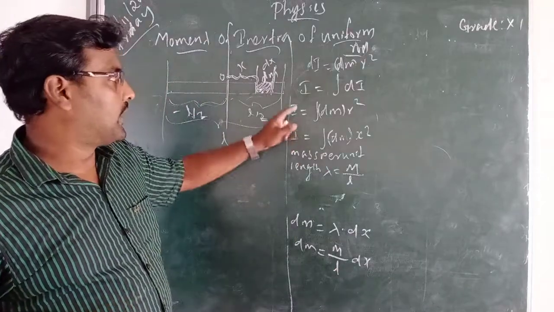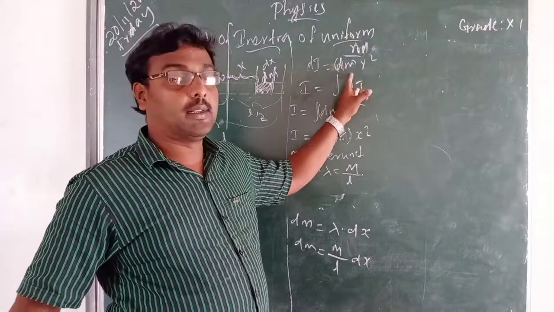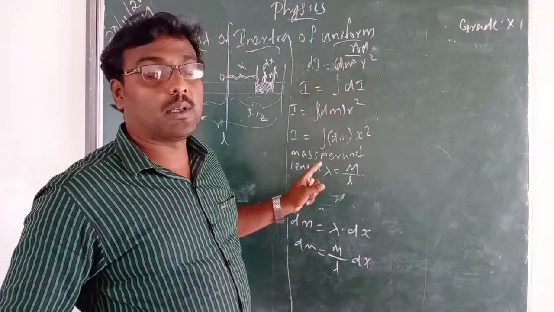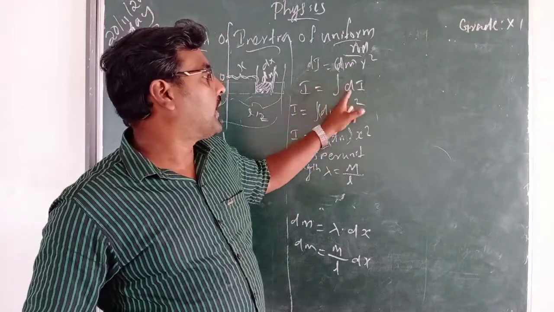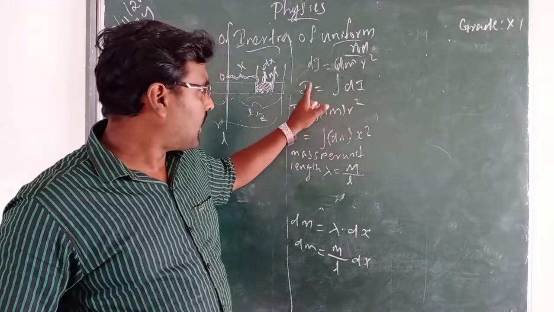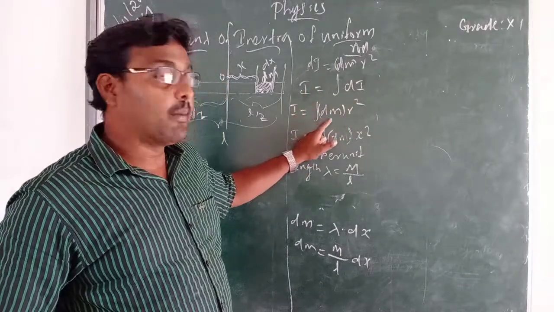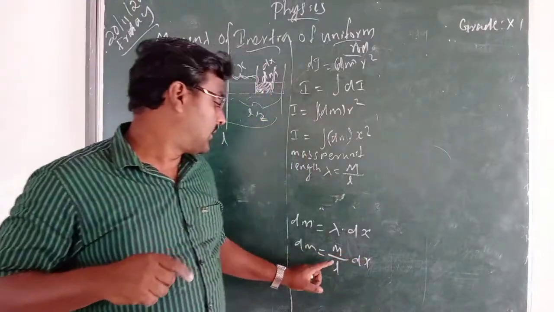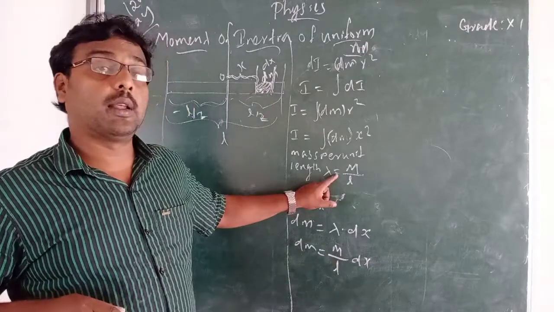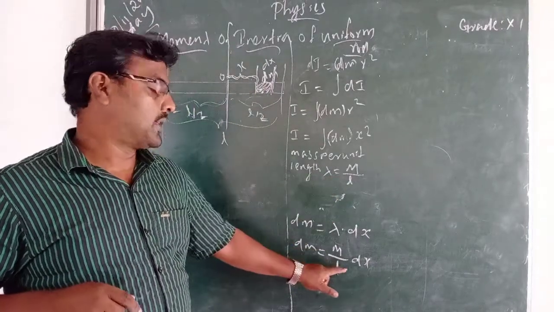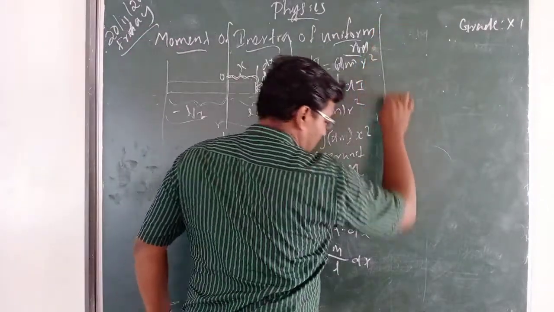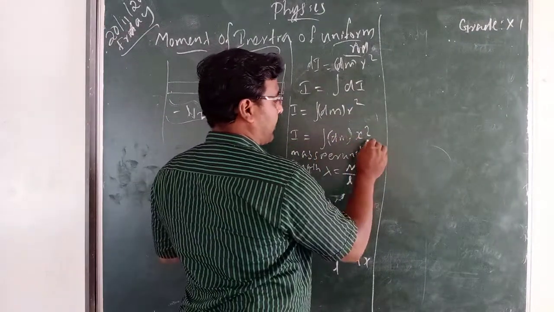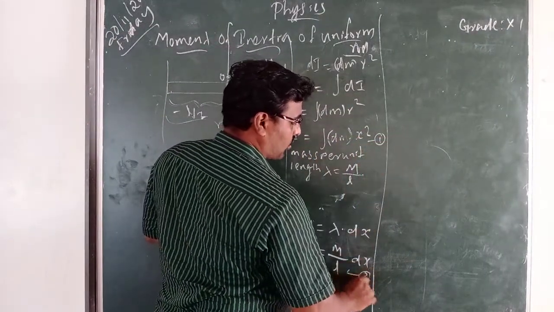Understand now? Listen here. First you write the basic formula, dI is equal to dm r square. If we integrate this equation, we will get the moment of inertia. For dm, we find the mass per unit length, M by L, for a certain distance dx. Keep this as equation 1 and this as equation 2.